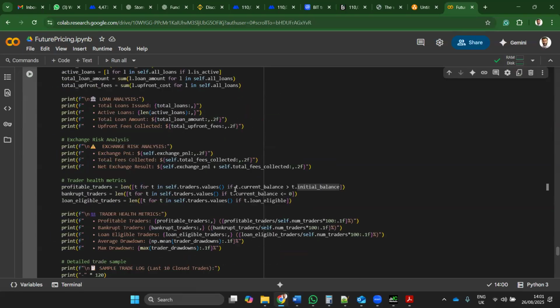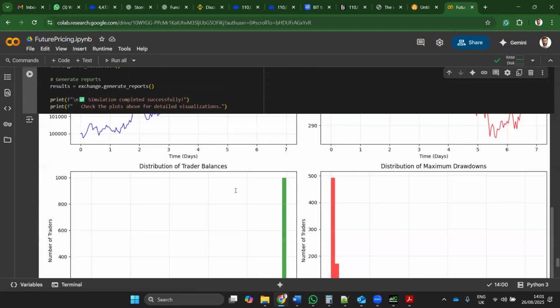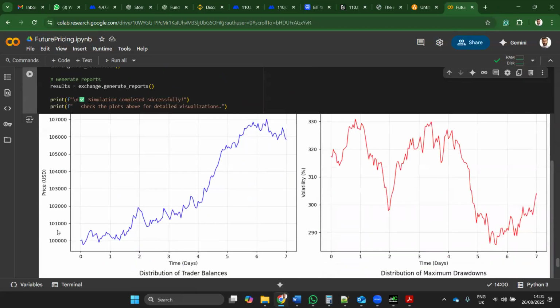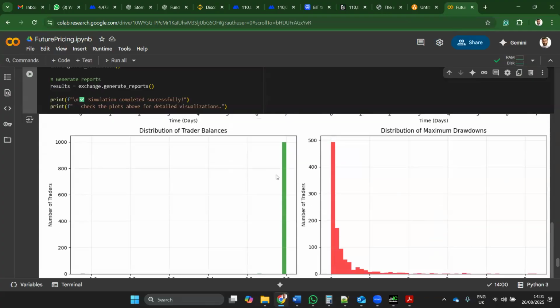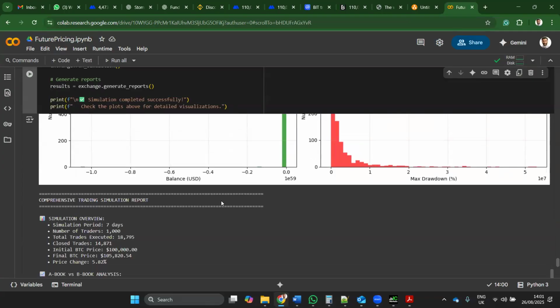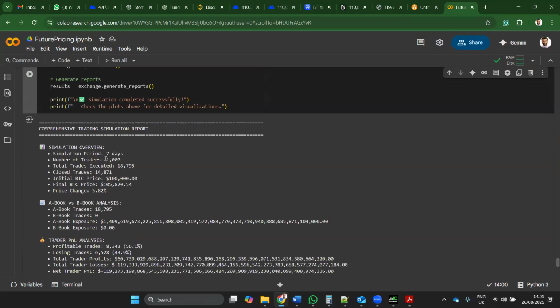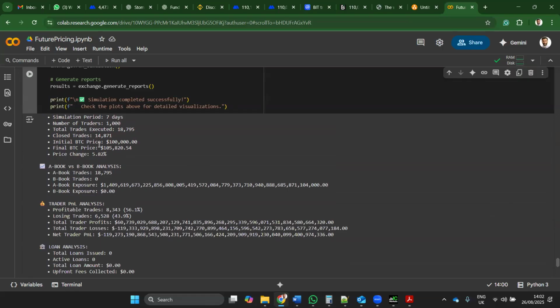So what you need to do at the end, every time we run the code, we'll have a different BTC price, different volatility, and then we'll have the number of trades, and then how many days the trade period. In this one, I executed roughly 18,000 trades, that many trades got closed.